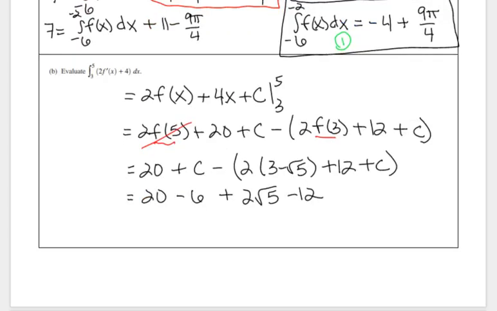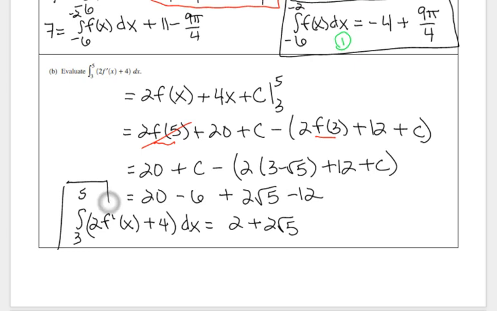And so if we simplify that down, we're going to get that the integral from 3 to 5 of 2f prime of x plus 4 dx is equal to 2 plus 2 root 5. That's our final answer for that one.